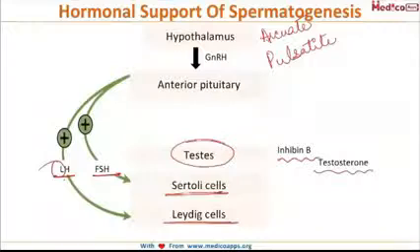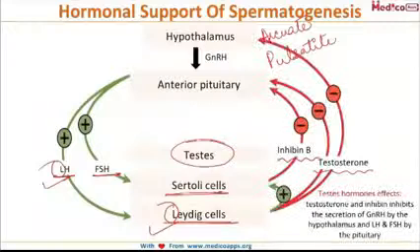L and L: LH receptors on the Leydig cells, and the remaining, FSH, has its receptor on the Sertoli cells. Now inhibin B and testosterone have a negative feedback action on the anterior pituitary as well as the hypothalamus, and so they inhibit the release of GnRH, LH and FSH.